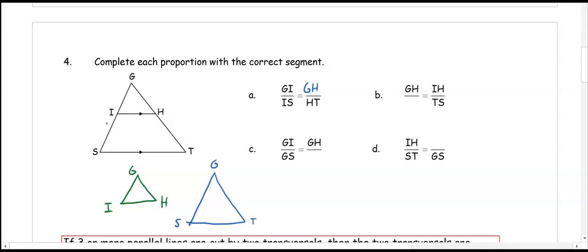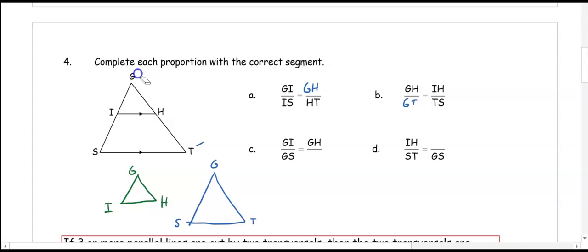In B, we have GH, and then we have IH over TS. So because we are using the bases of the triangle, GH is going to have to be over that whole side of the larger triangle, so we need this whole side, which is GT.